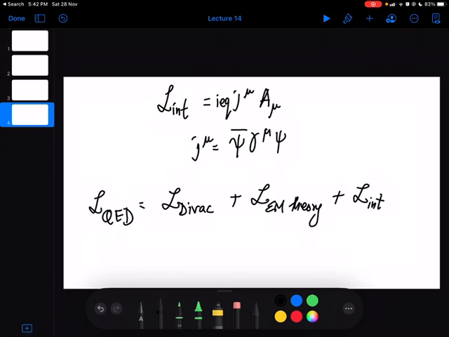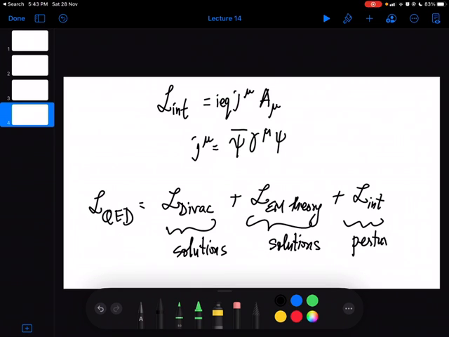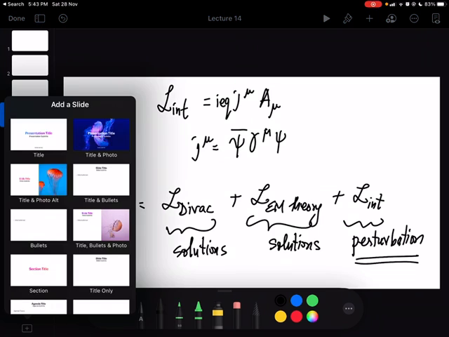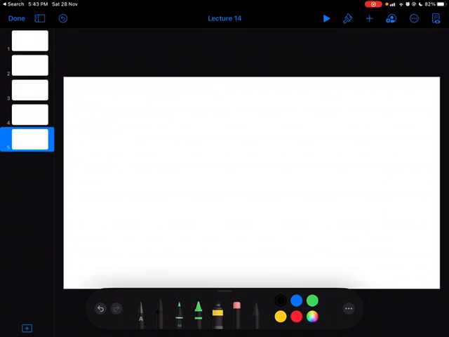Okay, do you all agree with this? So these I know the solutions. Now I treat the interaction as a perturbation. Okay, so this is exactly the point which we had, if you remember, for any process.